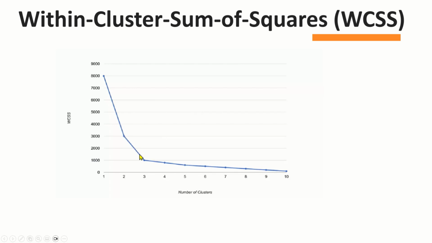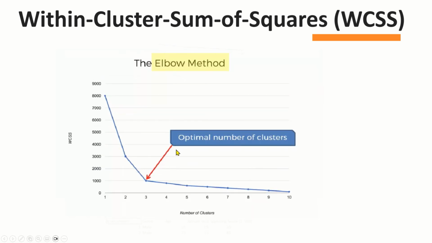And by adding 3 centroids, you can see that there are no abrupt changes, just small differences when you add more centroids, isn't it? So this is the optimal number of clusters, which we call the elbow method.